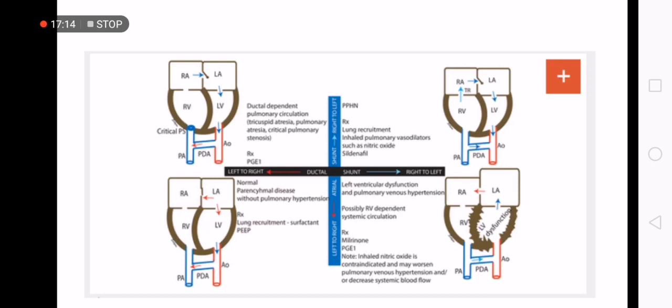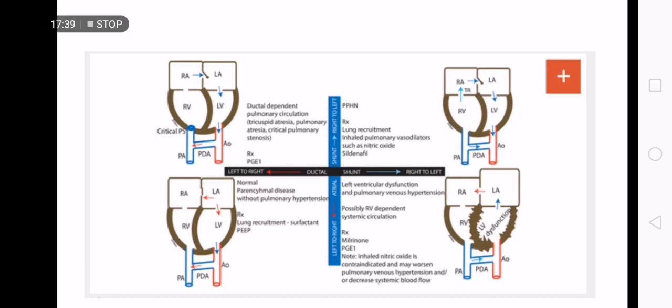In the lower right quadrant, we have the patients with pulmonary hypertension and cardiac dysfunction. If we have decreased LV systolic function and decreased proper emptying of the LV during systole, the LA pressure elevates.